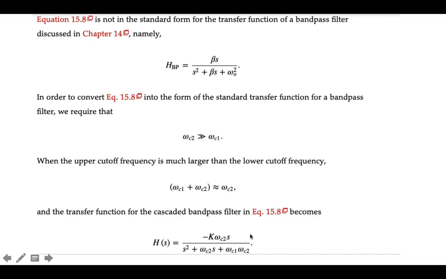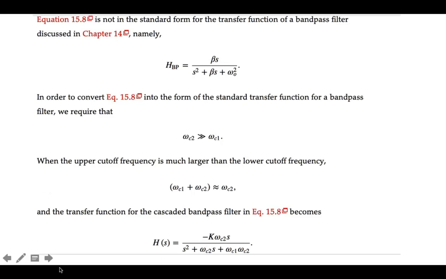You would then get this expression, and that would become equivalent to our general expression from chapter 14. But as a general rule, this is not the case. And so the transfer function for the bandpass filter for an active cascaded filter is different from the transfer function for the passive RLC.